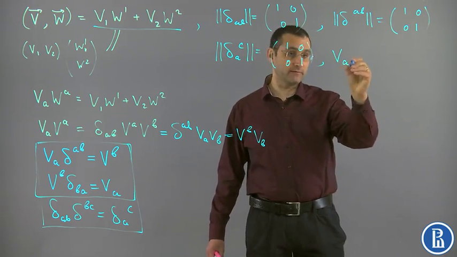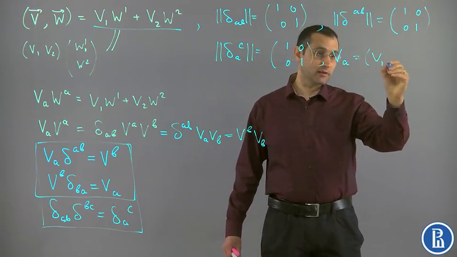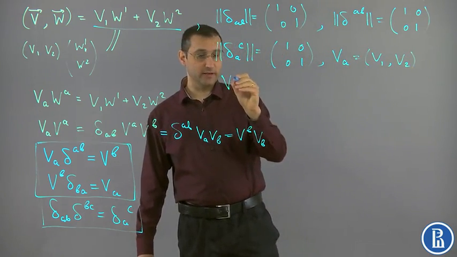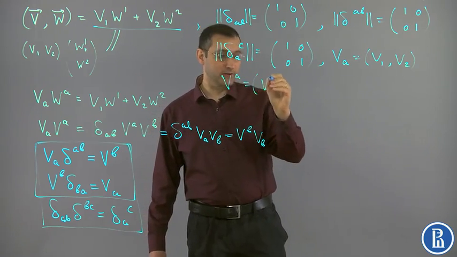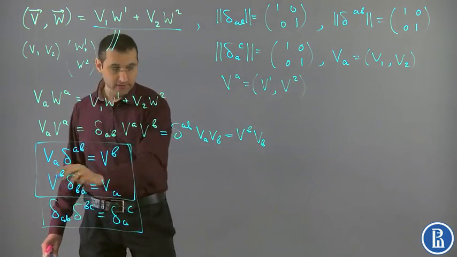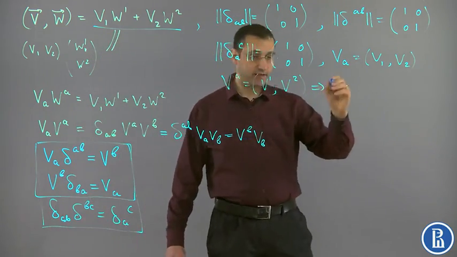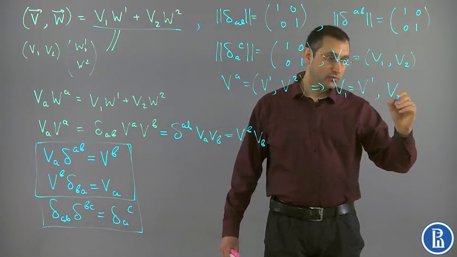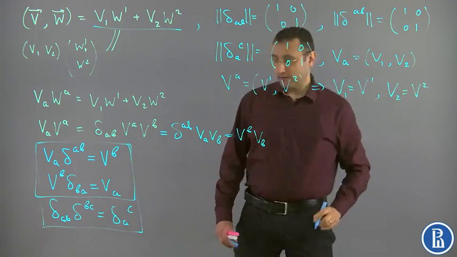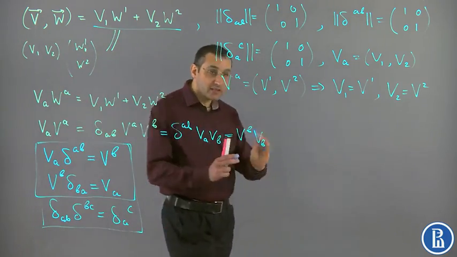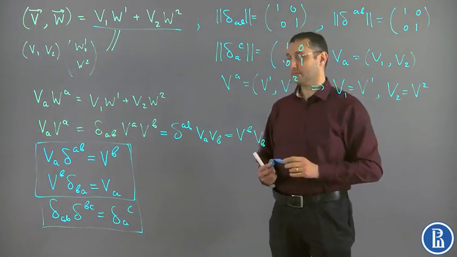If we have a vector V^A, its components are V^1 and V^2, and for the vector V_A, its components are V_1 and V_2. Due to these relations, V_1 is just equal to V^1, and V_2 is just equal to V^2. So the difference between upper and lowercase indices in this case is tautological.